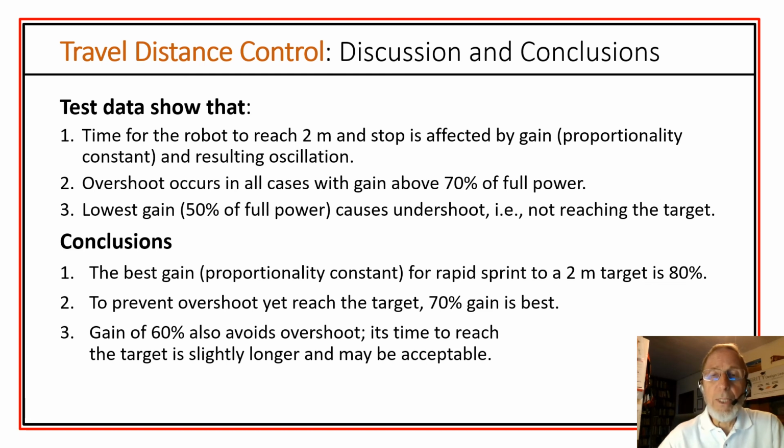So from this test that we've conducted, we can identify which conditions give us the response that best meets the requirements we had established up front. Getting there quickly, and then in the second case, not overshooting at all.